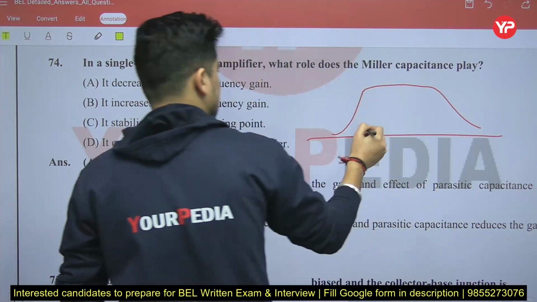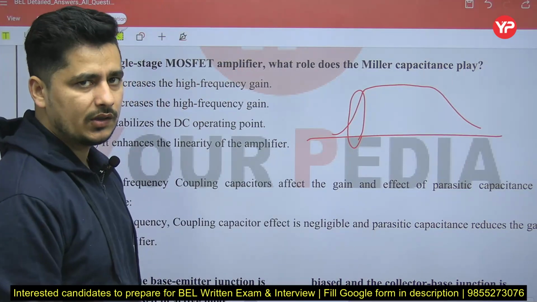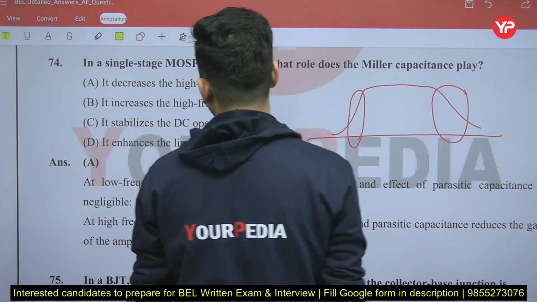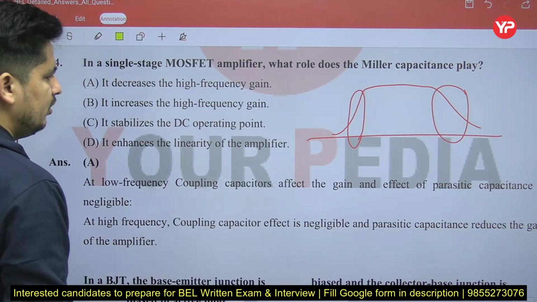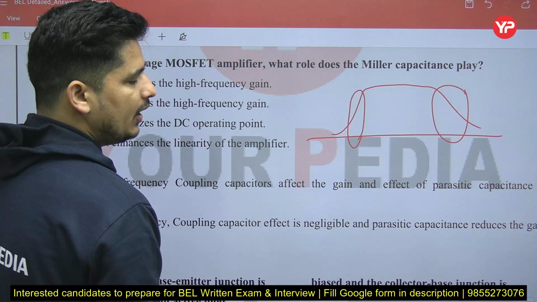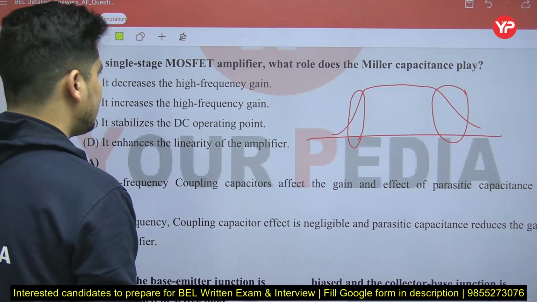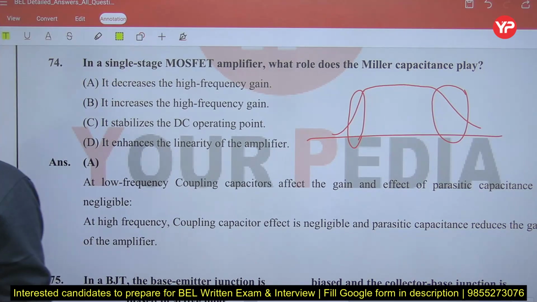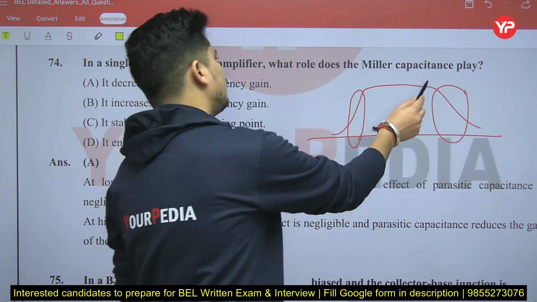At low frequencies, the coupling capacitance will decrease the gain. At high frequencies, the Miller capacitance, or you can say the parasitic capacitance, will affect more. So at high frequencies, your gain will be decreased by parasitic capacitance. At low frequencies, your gain will be decreased by coupling capacitance. And at the mid band, we have a constant gain.